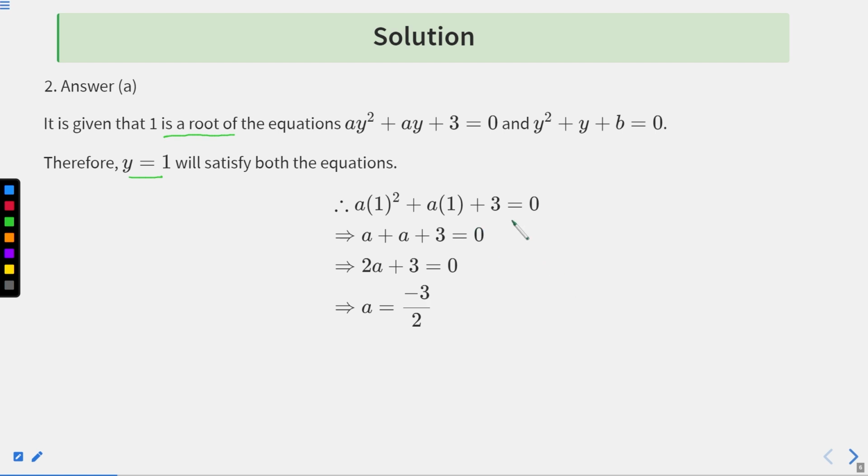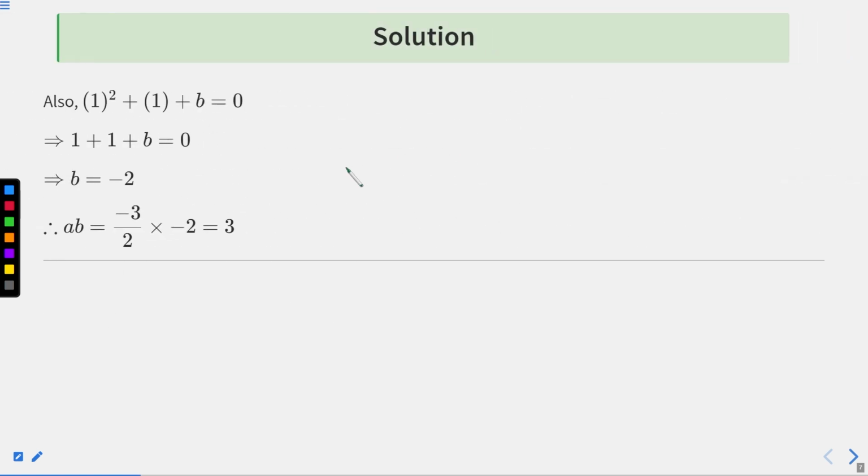Now 1 is also a root of the equation y square plus y plus b is equal to 0, so y equal to 1 will also satisfy this equation. Substituting y is equal to 1 in the second equation, we get 1 square plus 1 plus b is equal to 0, which implies 1 plus 1 plus b is equal to 0, and it implies b is equal to -2.